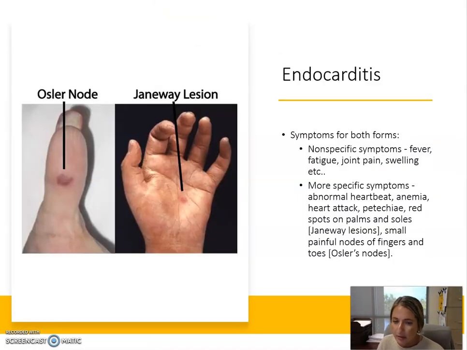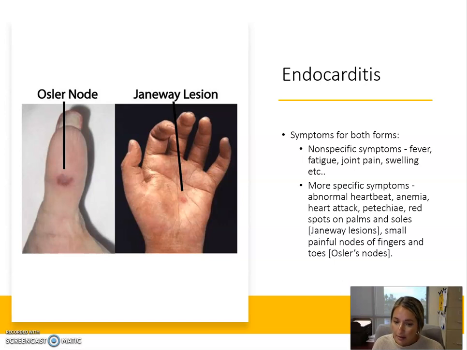So like I mentioned, in endocarditis, the signs and symptoms are the same for both forms of the condition. So there will be obviously nonspecific signs and symptoms, things like fever, fatigue, joint pain. That stuff is standard for a lot of different infectious diseases. But more specifically, what these patients would be experiencing are cardiac symptoms.